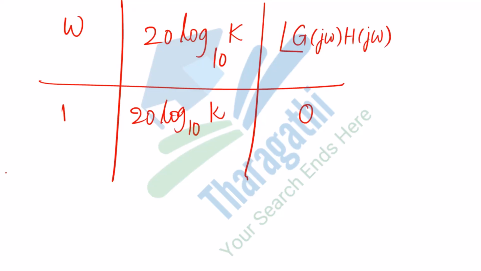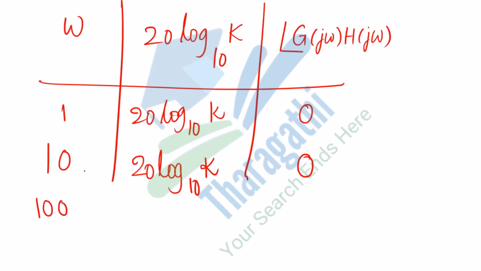So the decade frequency of omega equal to 1 is 10. Okay. So here there is no omega term present in 20 log 10 k. Its value is not going to change. It will remain constant at 20 log k to the base 10, and the phase angle also does not change. Now you take the decade frequency of 10. The decade frequency of 10 is 100.